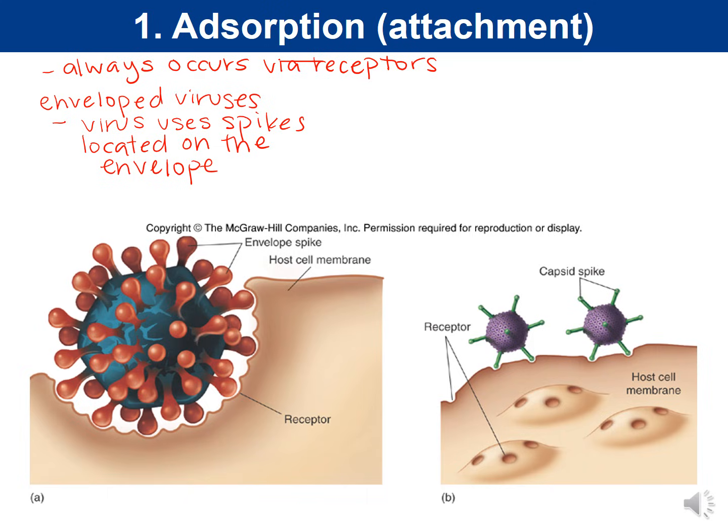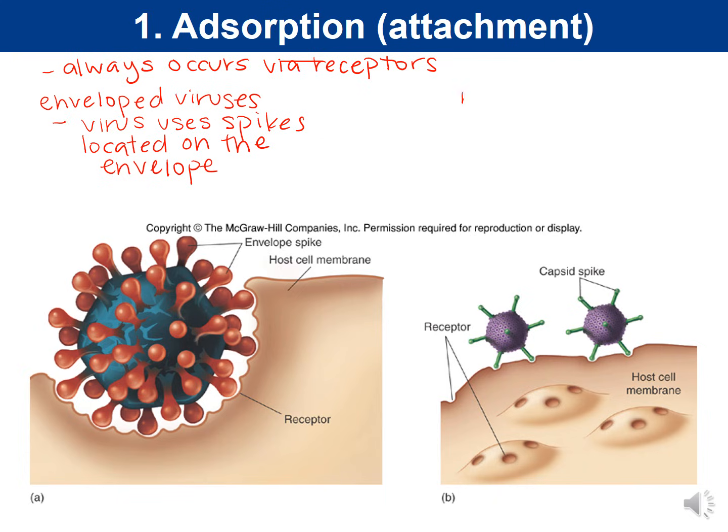And so here are the host cell receptors. The virus has its envelope spikes, and in order for the virus to penetrate and to be able to get into and attach to the host cell, these spikes have to bind to the appropriate receptor.